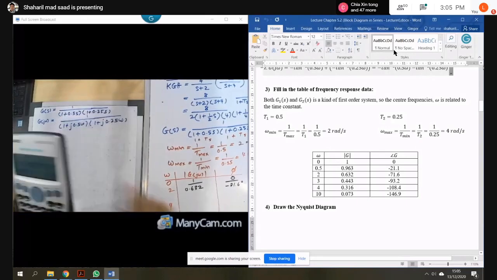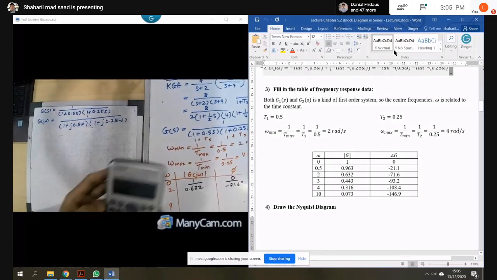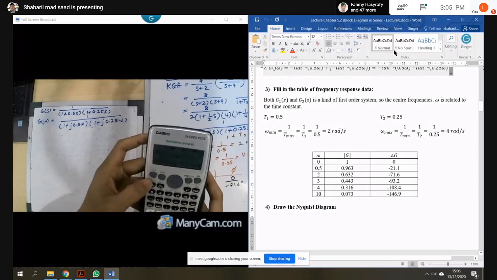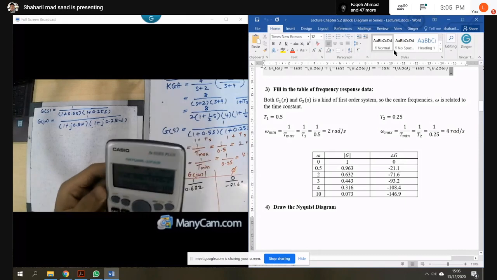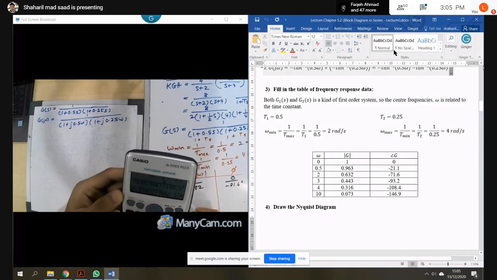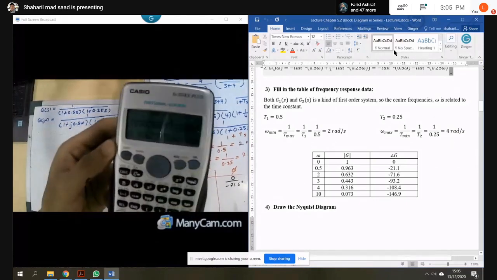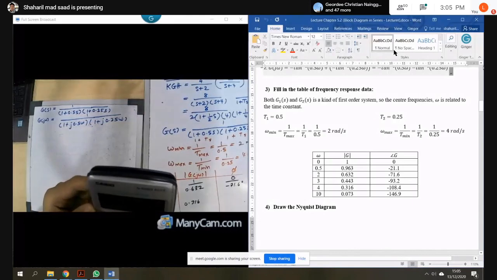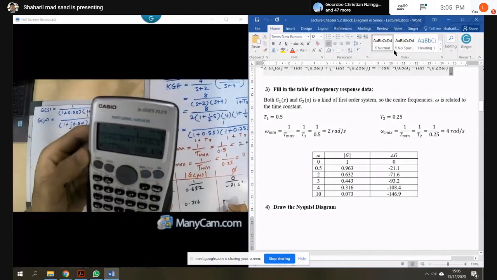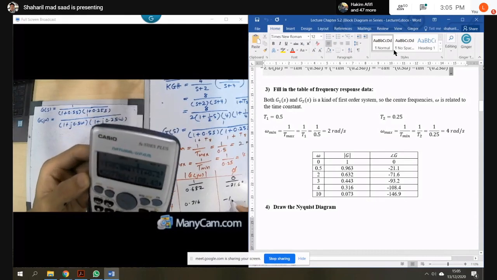So you don't need to derive all the JW and so on. You just put in the value, calculate, and omega equal to 4, equal, then you record it here, 0.316, and the phase angle is minus 80.18.